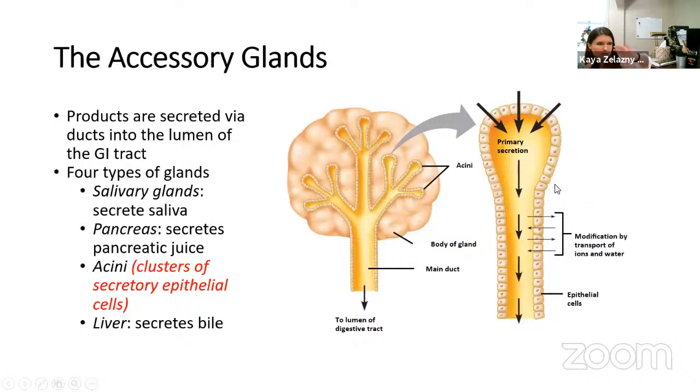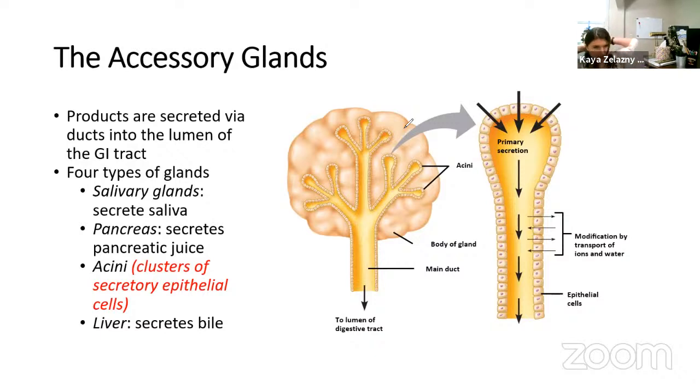Okay. So that leads us to our accessory glands, which are the newer material. The basic parts of the GI system should have been relatively familiar from lab. We've seen the accessory glands in lab, but what we want to focus on in lecture here is a lot more about the products that they're secreting.